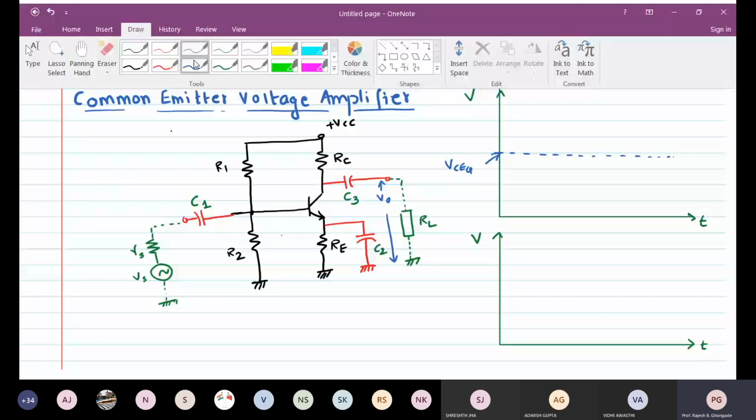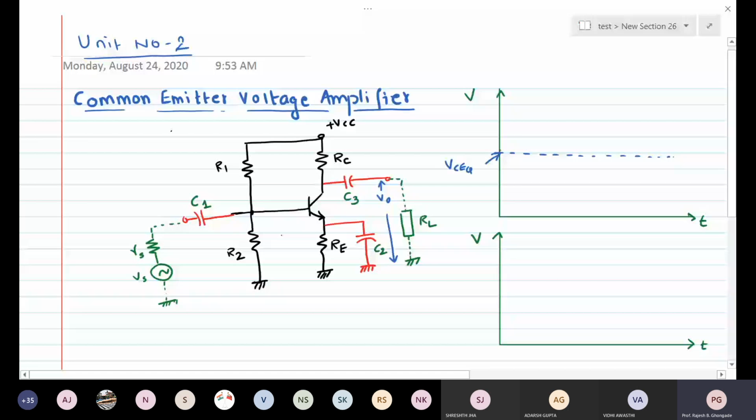And your input signal is like this. Okay. So now what will be the output signal?